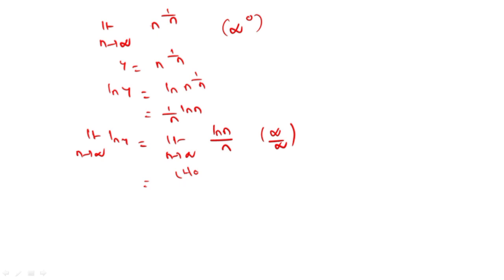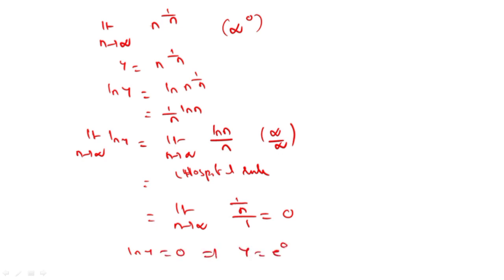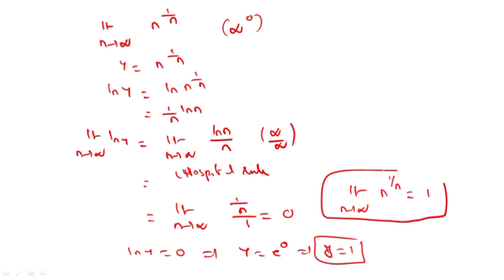So I go by L'Hopital rule. This will be limit n tends to infinity, 1 by n by 1. So this will be 0, 1 by infinity is 0, okay. So ln y is 0, which means y equal to e power 0, which means y equal to 1. So the limit n tends to infinity of n power 1 by n will be 1.